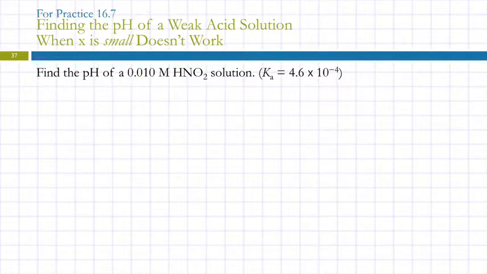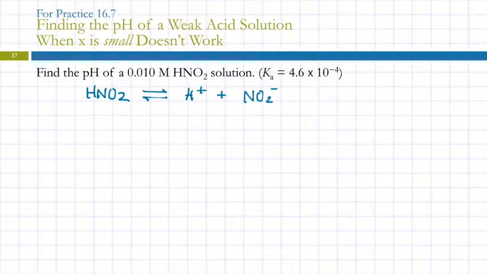So finding the pH of a weak acid solution when X is small doesn't work. The title is telling us it's not going to work this time. We're going to try it anyway and see that it doesn't work. Okay, so here we have nitrous acid, HNO2, and that's going to ionize and form hydrogen ions and nitrite ions.